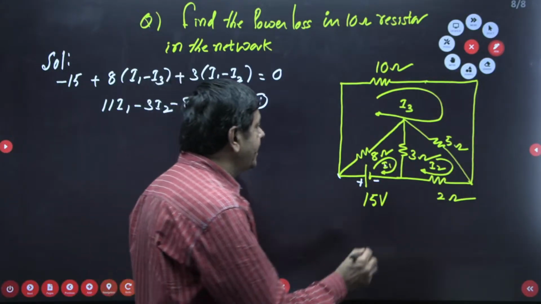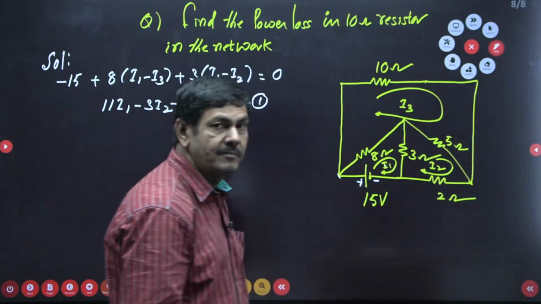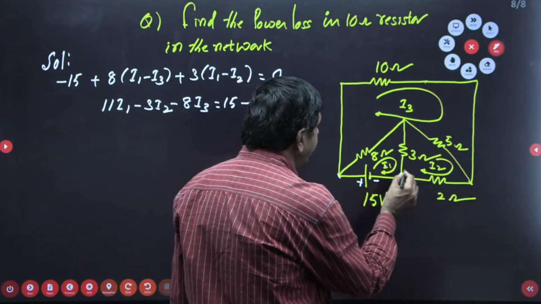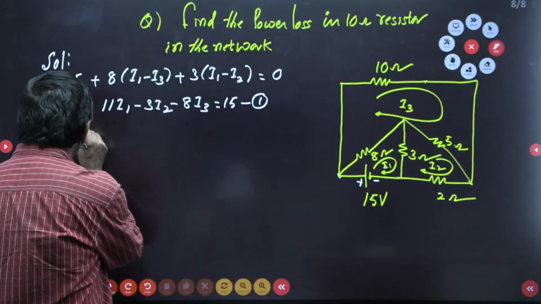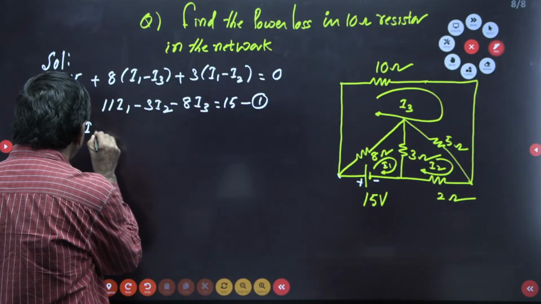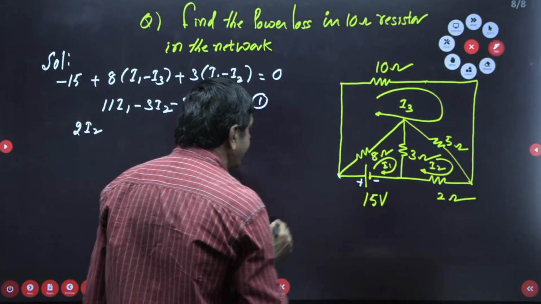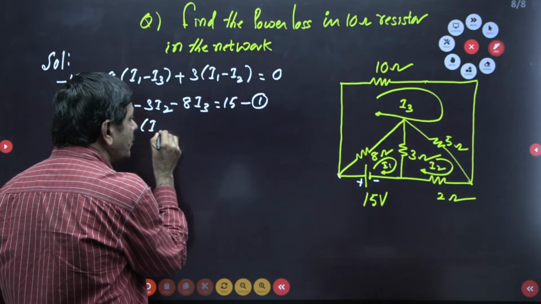By selecting this loop, one more mesh equation I can form. When I go this side, 2 into I2. When I go this side, plus 3 into I2 minus I1.